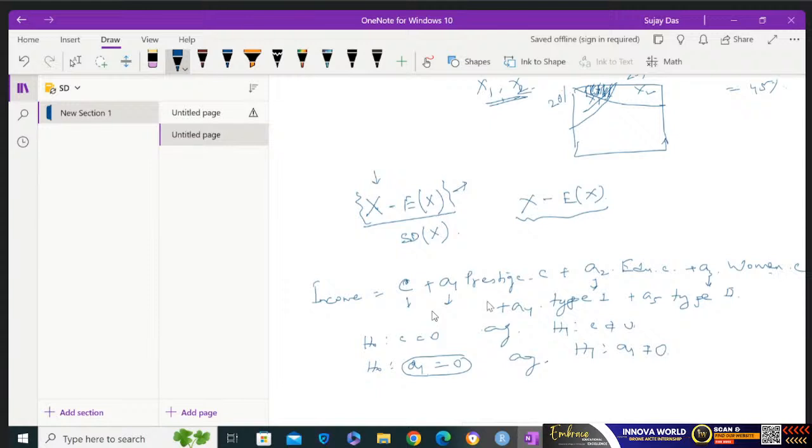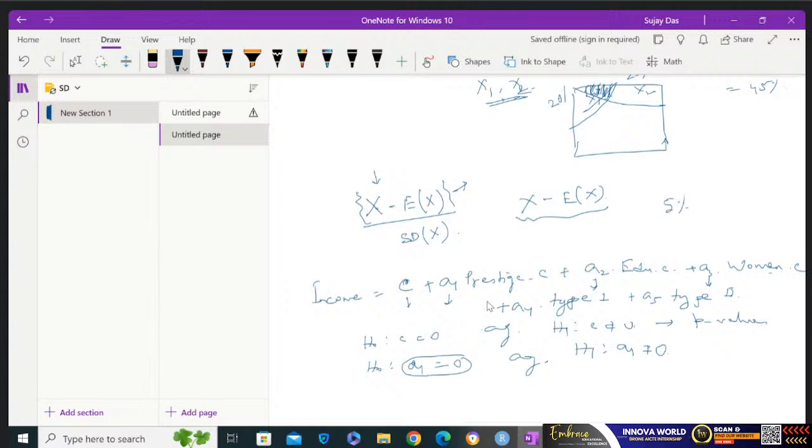So for each variable we'll be getting a p-value. But this is a linear regression class, so we will not go into the deeper knowledge of the p-value and so on. For each test we'll be getting a p-value, and suppose we want to do this testing at the 5% level.